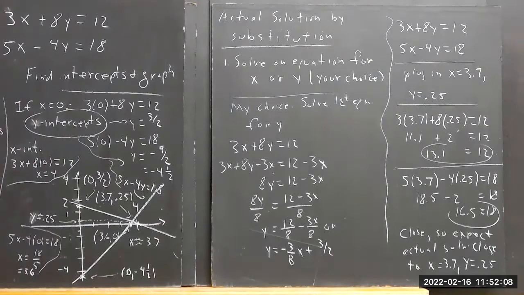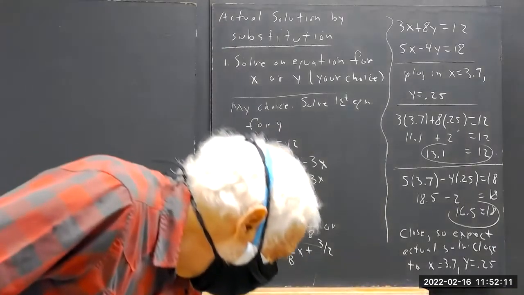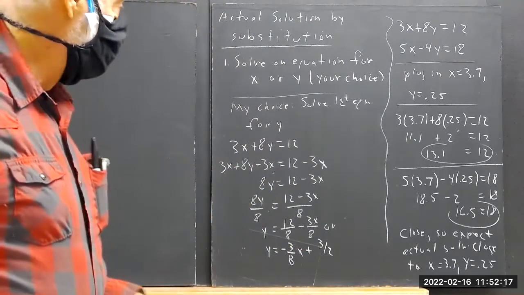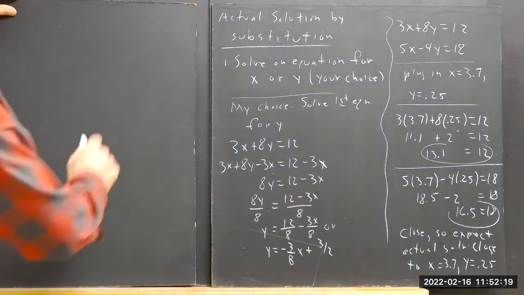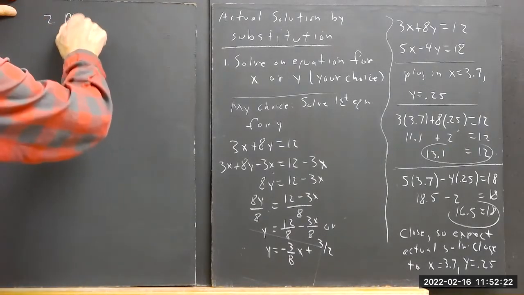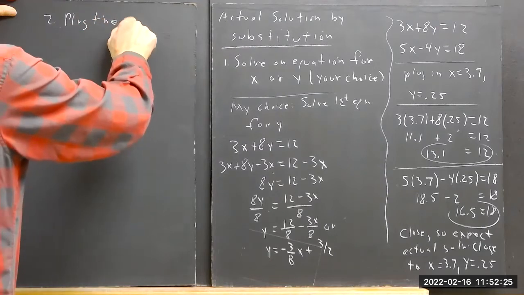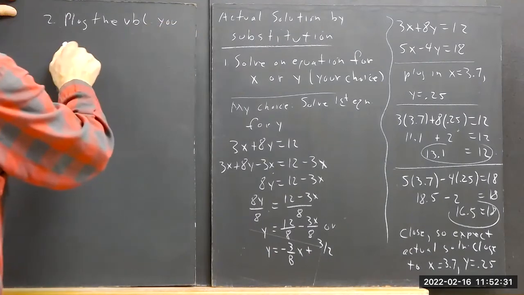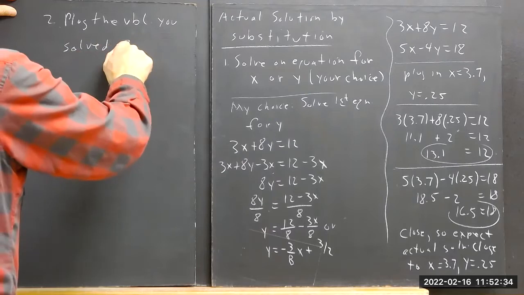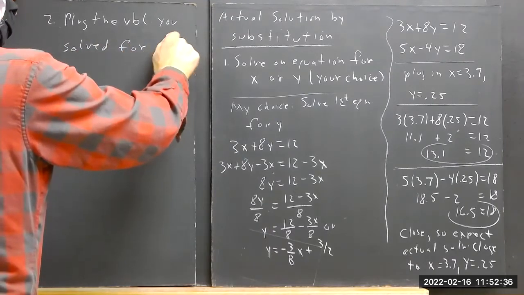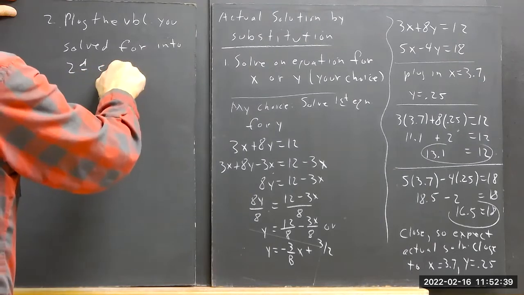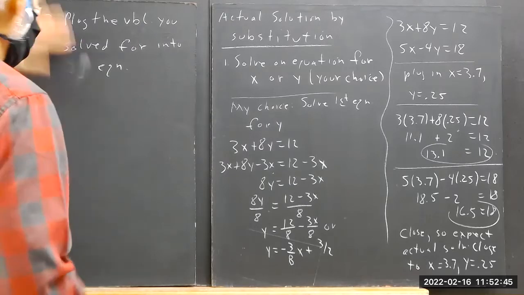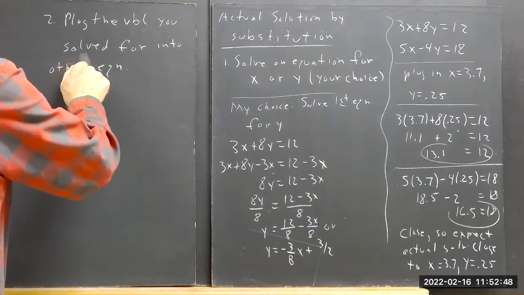Okay, well, we plug this solution for y into the second equation. So second step: plug the variable, which I'll abbreviate as var, we solved for into the other equation, because you might have solved the second equation and plugged into the first.